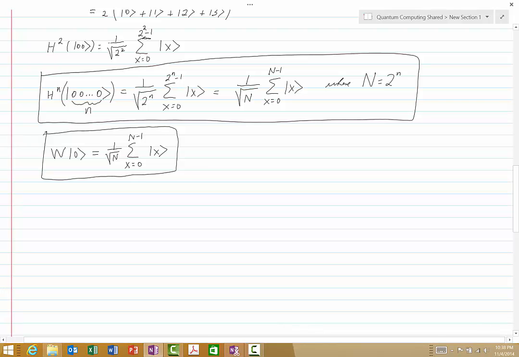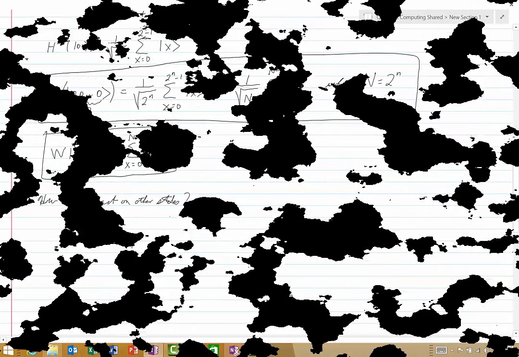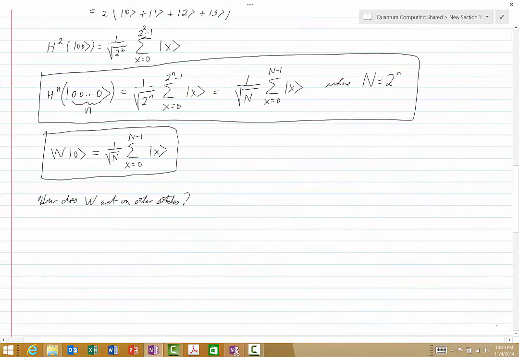Now, in everything that we've been discussing in the past few moments, we've had W or H to the n acting on the zero state. But we might ask ourselves, how does W act on other states? To answer this question, let's consider 2-qubit states.